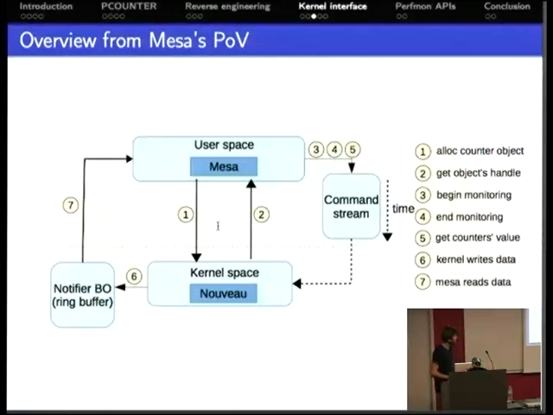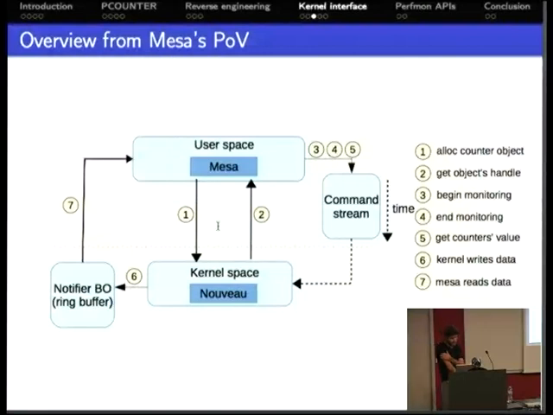So this is a very simple overview of the kernel interface for Mesa. We have different steps. The first one is to allocate a performance counter object inside the kernel. This is done with an IOCTL. After, we get the handle of the object, which is something like a unique ID. Then we have 3 software methods, number 3, 4, and 5.